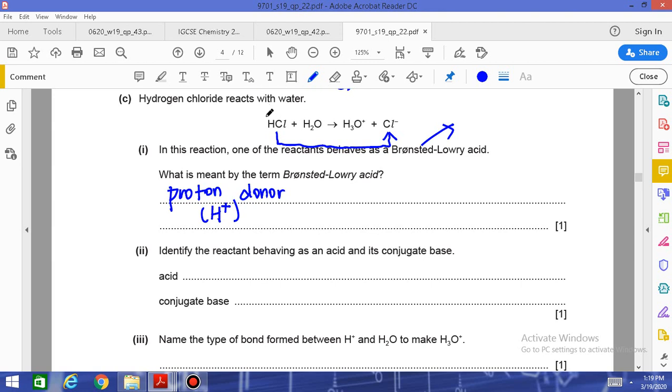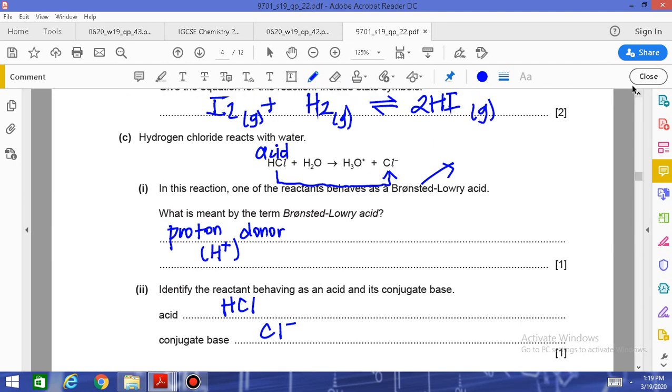So the acid is hydrochloric acid, hydrogen chloride, and the conjugate base is Cl minus, chloride ion.